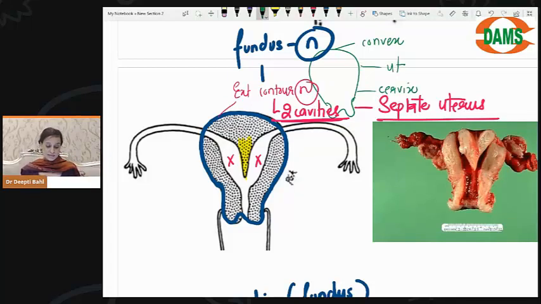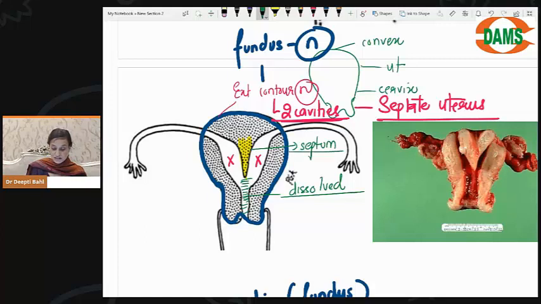So from this part, the septum has dissolved. It started dissolving from the bottom. So some part of the septum has dissolved, but some part of the midline septum is still remaining.